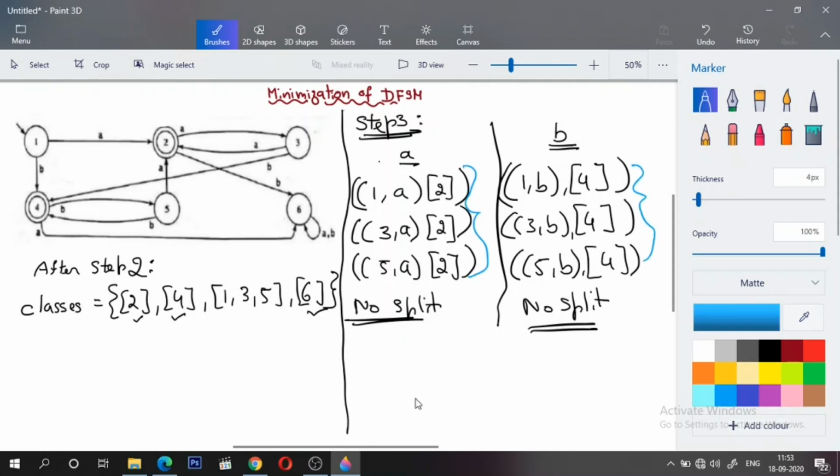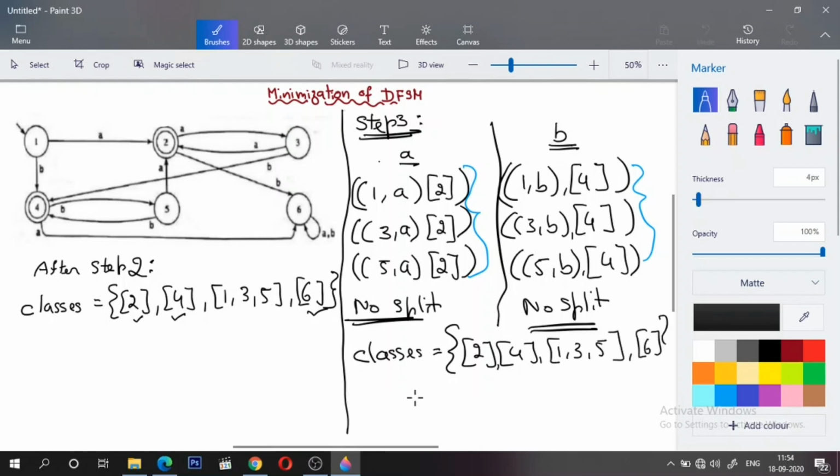So can I stop the iteration? Yes, because at the end of step 3 the class's contents are 2, 4, 1, 3, 5 and 6. So this is my content, right, at the end of step 3.